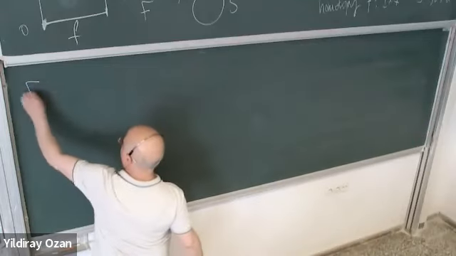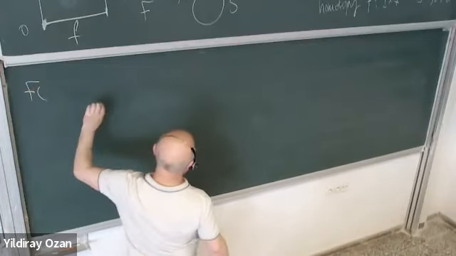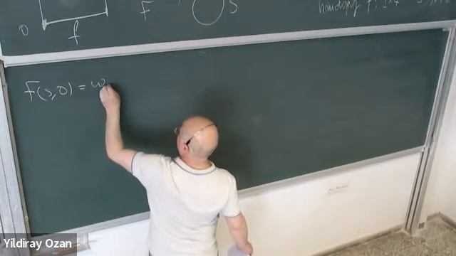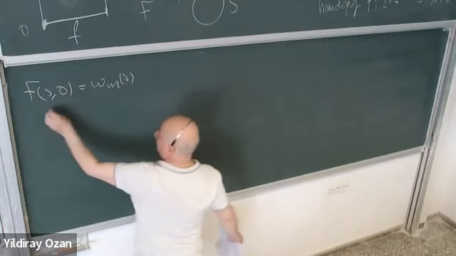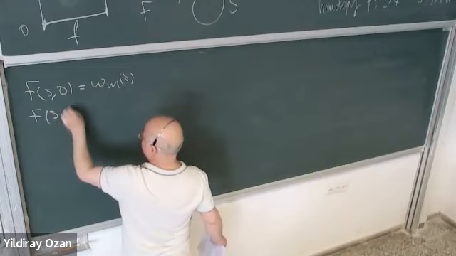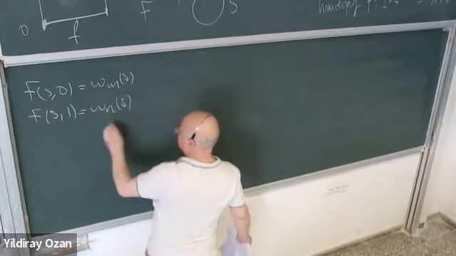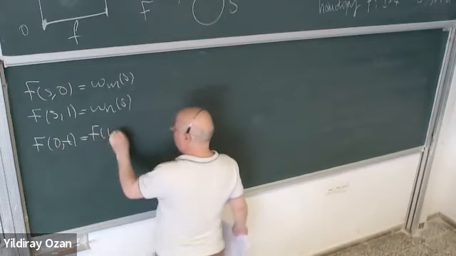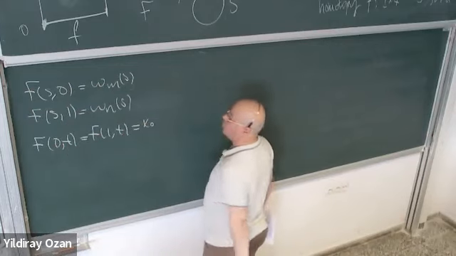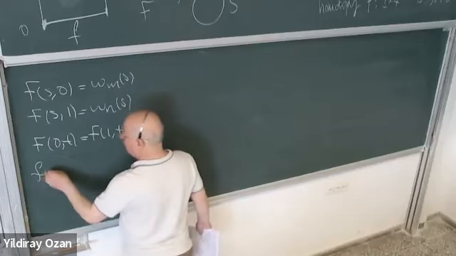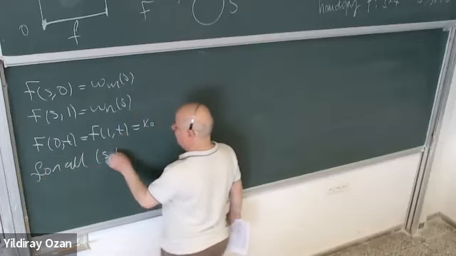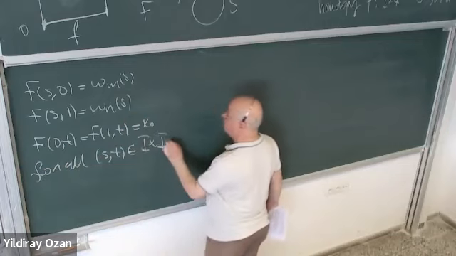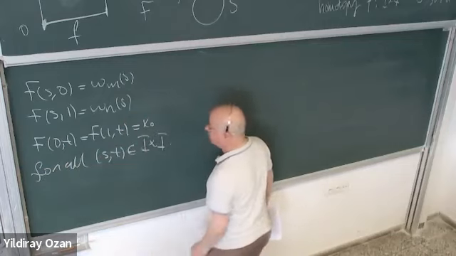So F0 and F1 being homotopic means S0 is WM, S1 is WN, and F0t and F1t are all x0 for all S and T. So we have something like this.